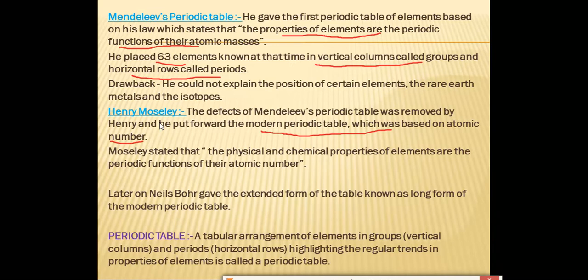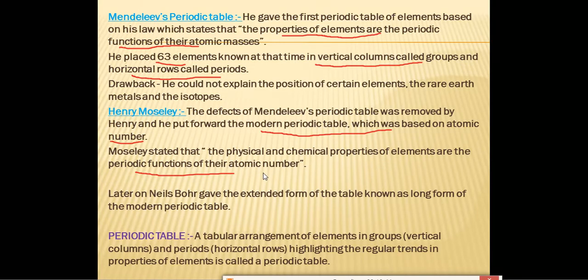Means in the modern periodic table, the elements were arranged according to their atomic numbers. Moseley stated that. Now, what was the statement given by Moseley? The physical and chemical properties of the elements are the periodic function of their atomic number. Just opposite to that, Mendeleev said that the properties of elements are the periodic function of their atomic masses, but Moseley said that the physical and chemical properties of the elements are the periodic function of their atomic number.